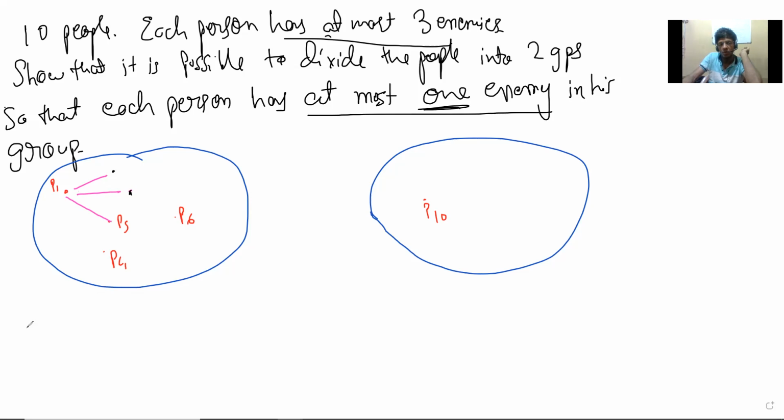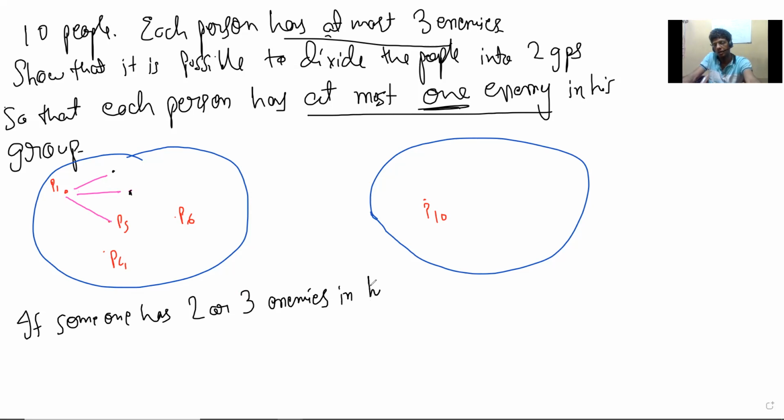If someone has two or more, rather just two or three enemies in his group, then it is just wise for him to move to the other group. And that's the best thing to do, right? Then he moves to the other.